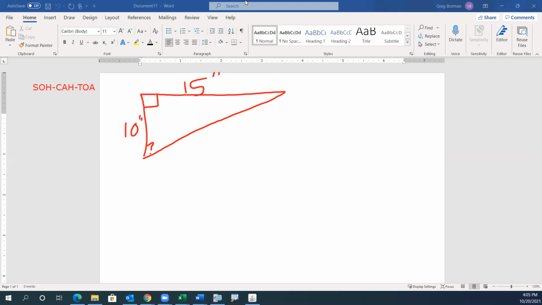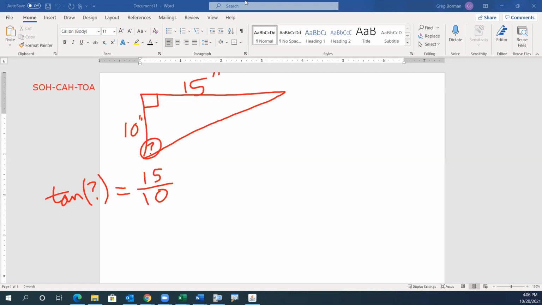So relative to this angle, the two sides I'm interested in are the opposite and the adjacent, which means tangent. So tangent of the angle, always the angle, equals opposite over adjacent.